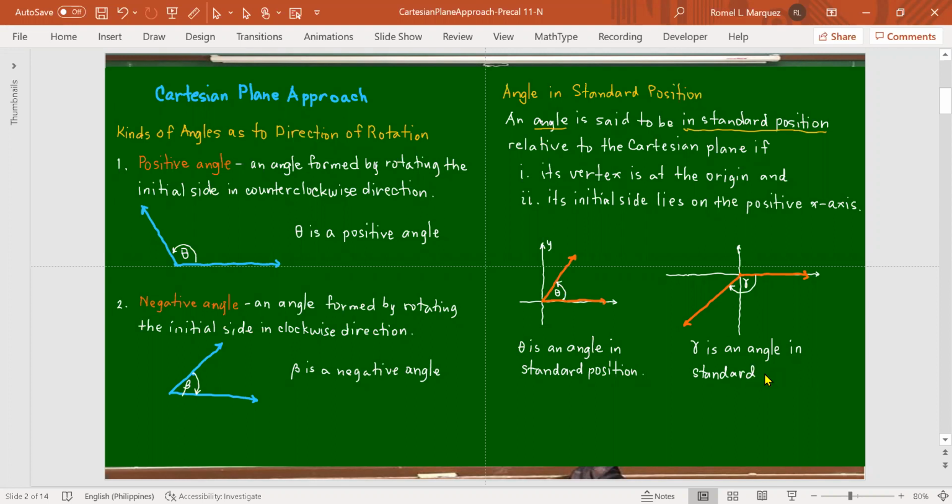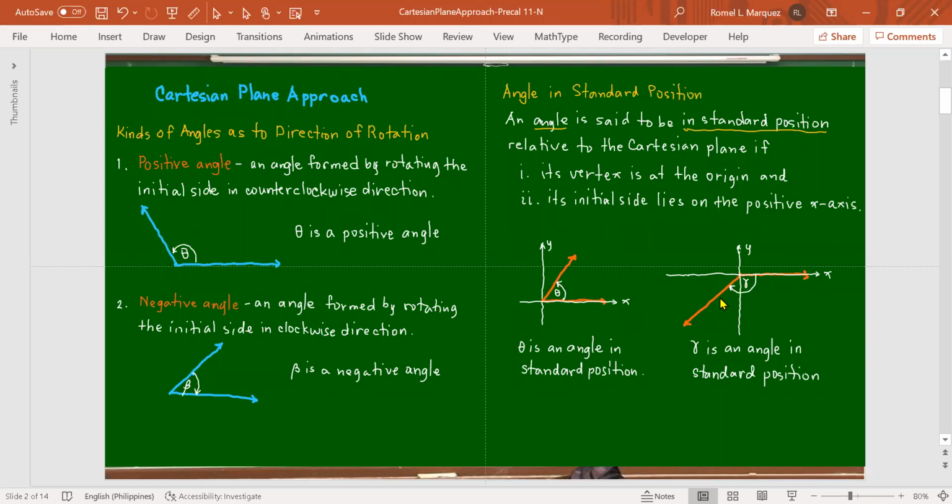Standard position. Now, why is it in standard position, guys? Where is the location of the vertex? At the origin. How will I know that this is the initial side? Because of the arrow. The tail of the arrow is here and the arrowhead is pointing to this. Therefore, this serves as the terminal side and the one lying on the positive x-axis is the initial side.